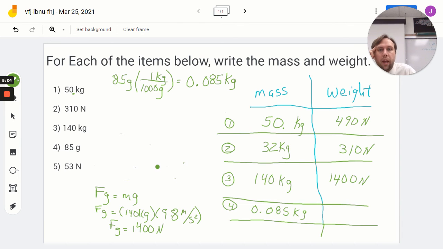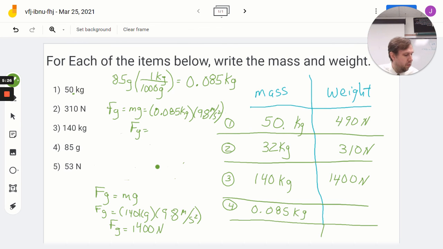Okay, and then to get the force of weight, or force of gravity, equals mg, it is going to be 0.085 kilograms times 9.8 meters per second squared.